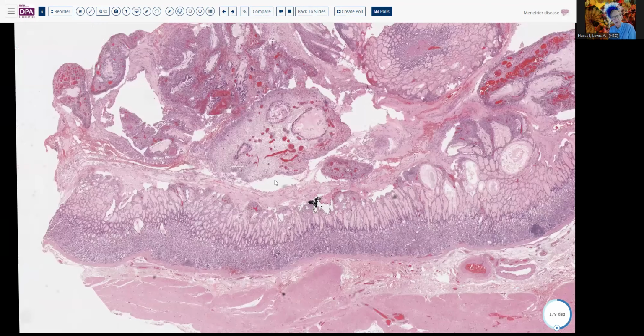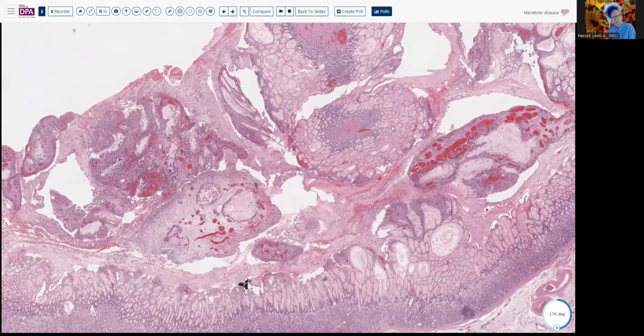And then as we look up above here, we see this is even more exaggerated. And in some areas, it may be more like 70-30 or even higher.